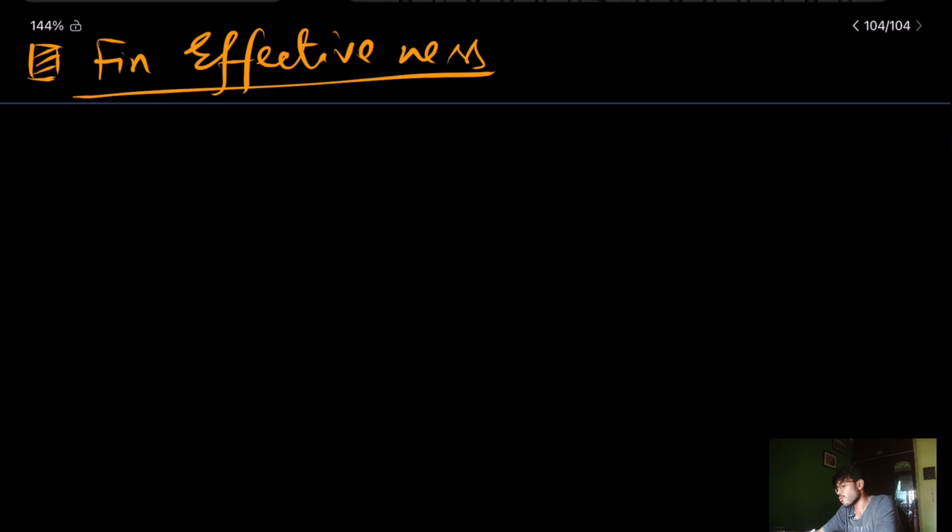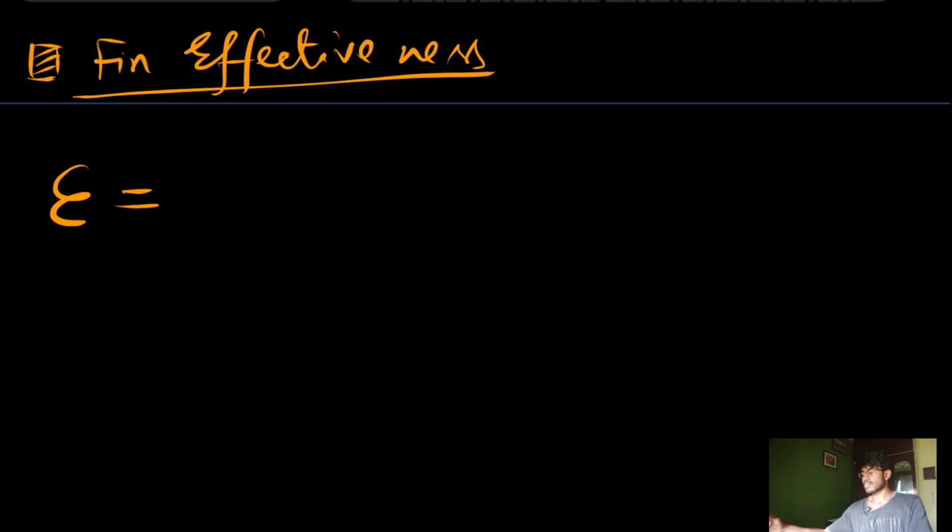Now what is the fin effectiveness? We denote it by epsilon. I have talked about it in the beginning of the lecture: if my fin was not there, what was my heat transfer rate, and if my fin is now there, what is my heat transfer rate now. So the ratio of these two.